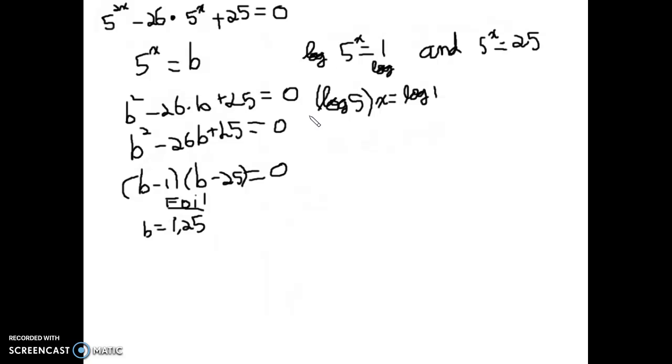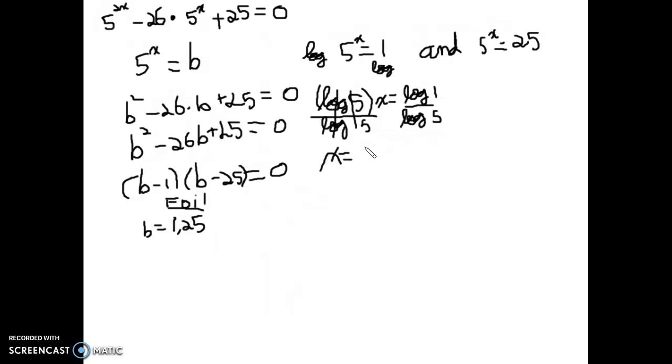And now we can divide by log of 5 in order to get x. After these logs cancel out, we get x is equal to log of 1 divided by log of 5.